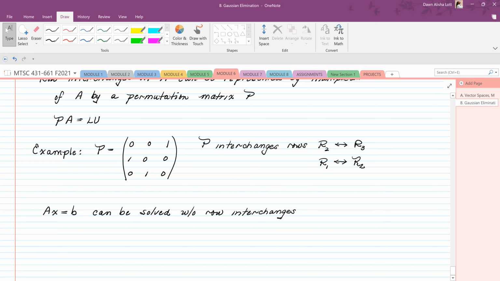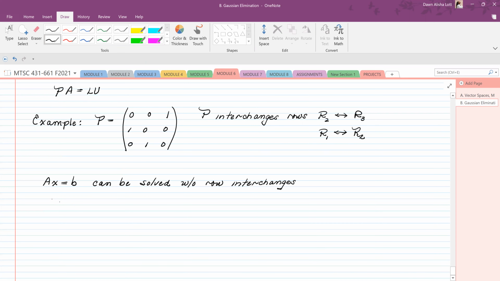Then if you do PAX is equal to PB, this can be solved without row interchanges. Okay.